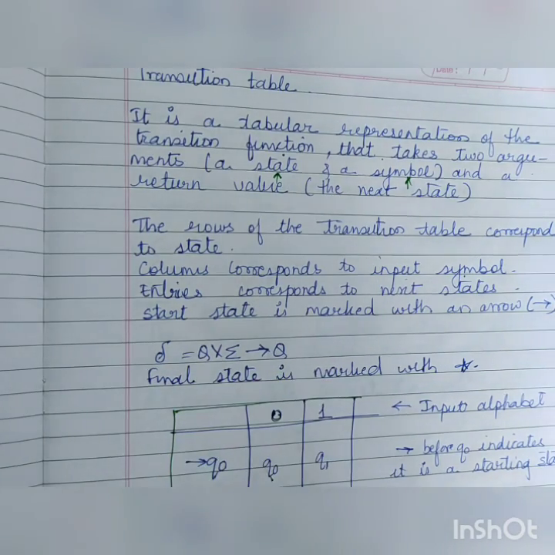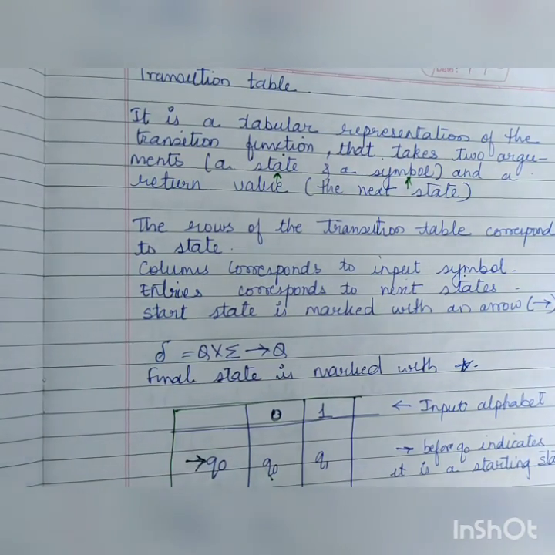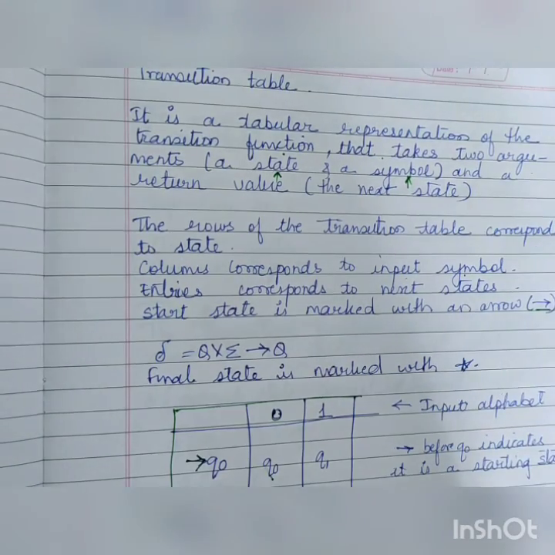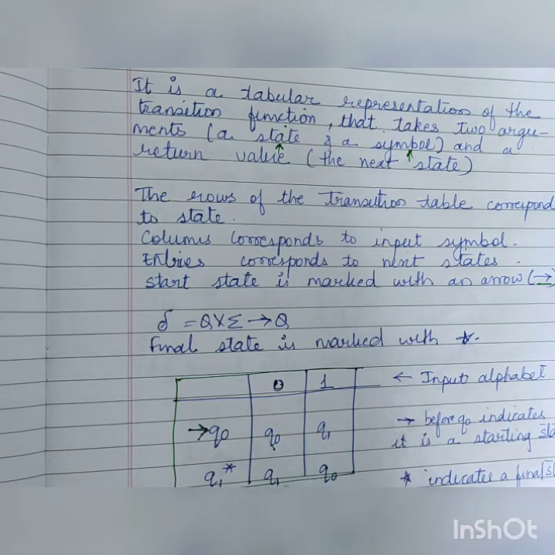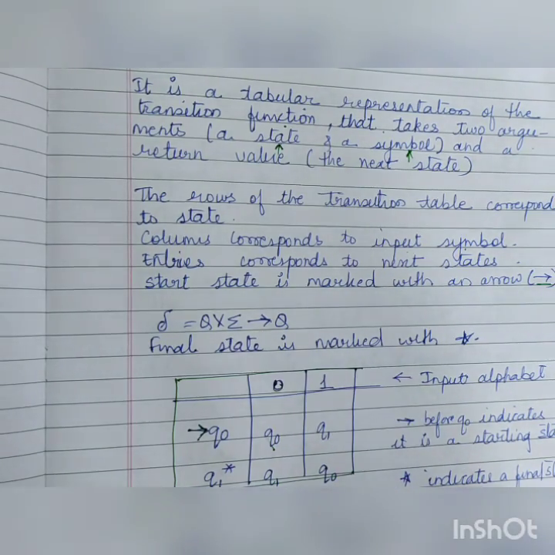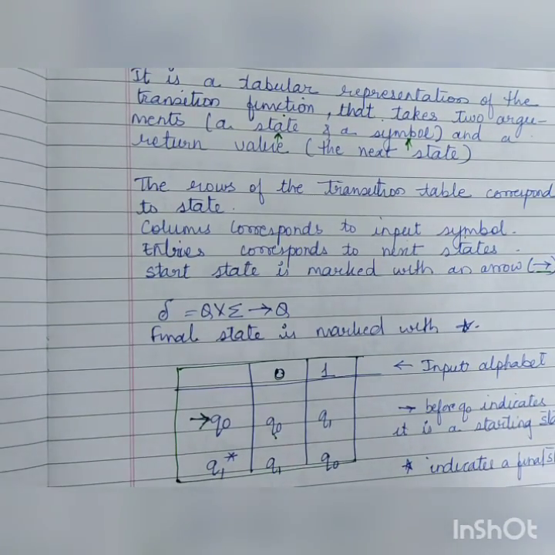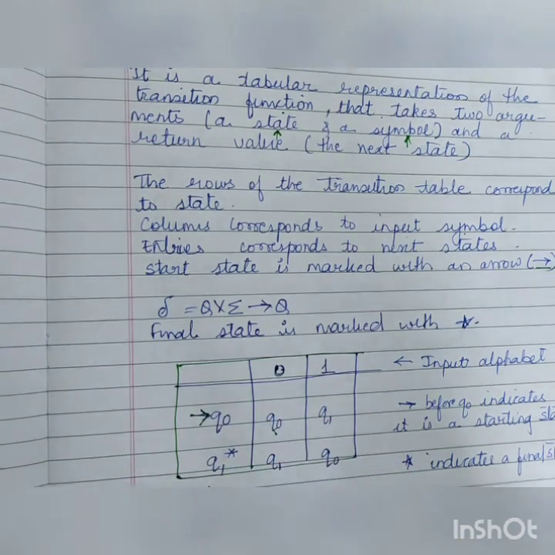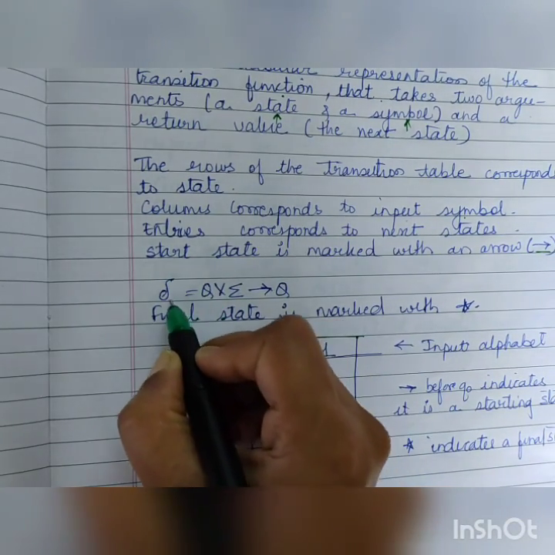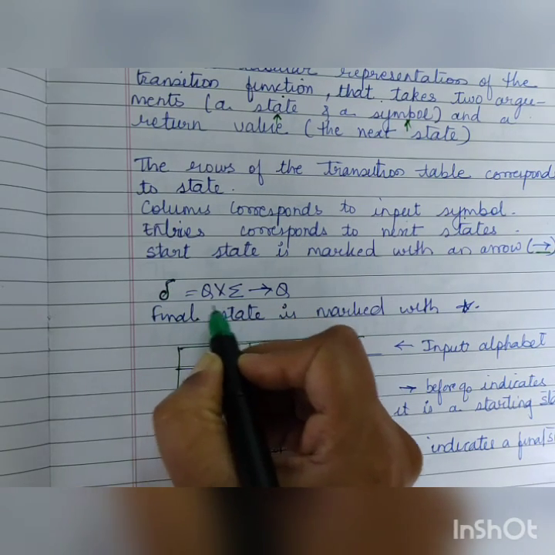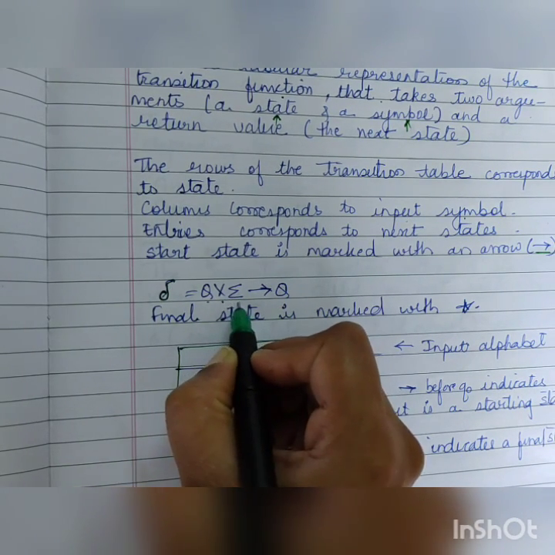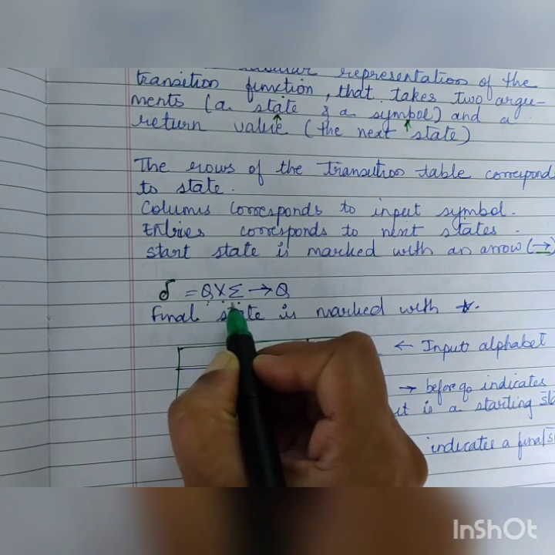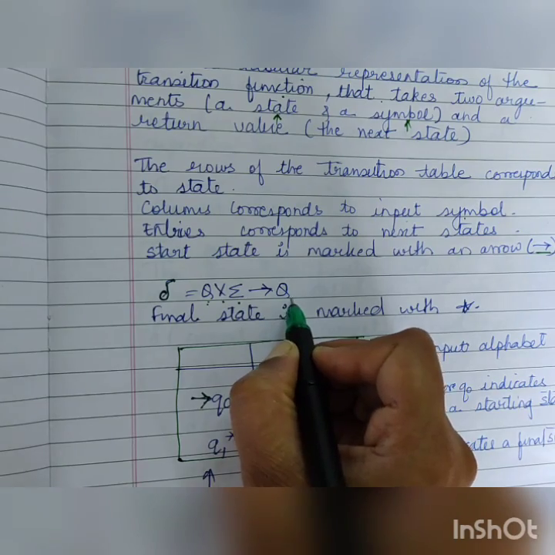We have a start state which is marked with an arrow, and then you have the entries in this table which indicate the next state. For example, the transition function delta is represented as state and input symbol, and it leads to the next state.